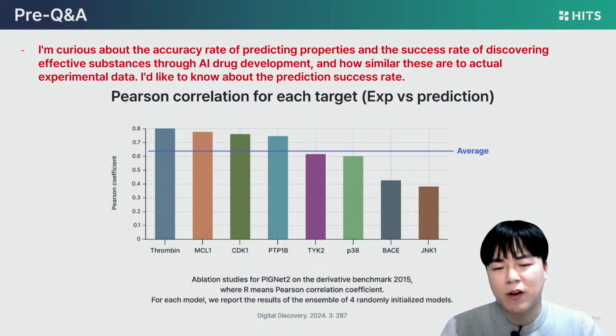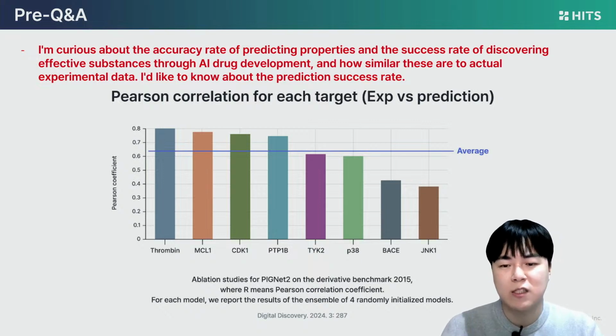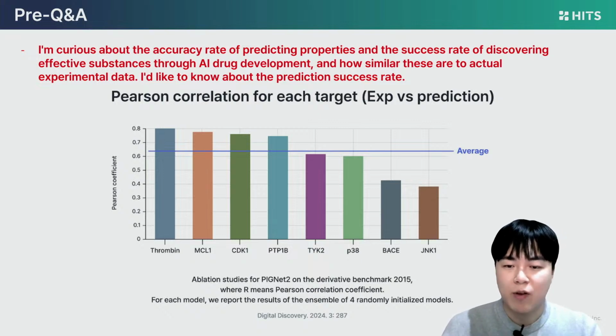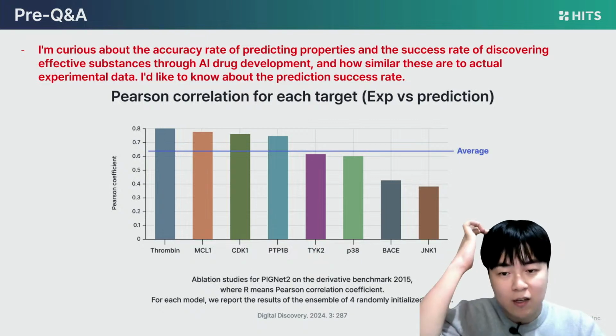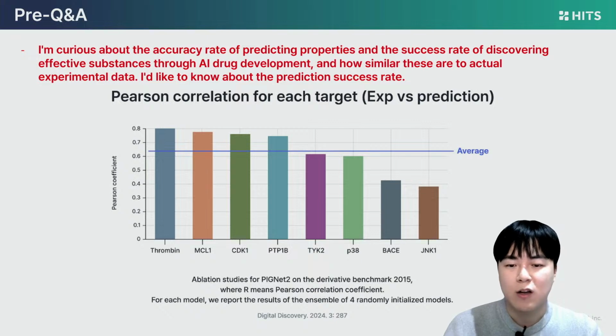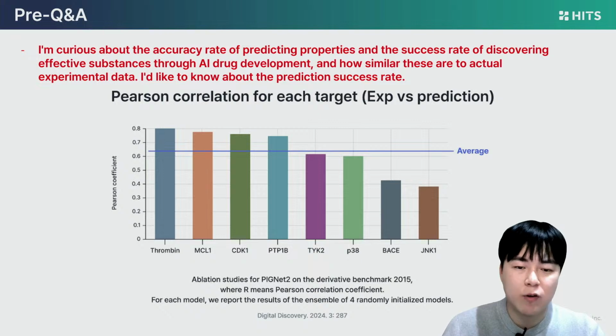So this actually varies by project, but according to our test in a paper we published in 2024, this year, we plotted the correlation coefficient between predicted and experimental values for various target proteins and their known active substances. And for each target, as I mentioned, the correlation coefficient varies from over 0.8 for the highest to under 0.4 for the lowest. And there's a difference in performance.